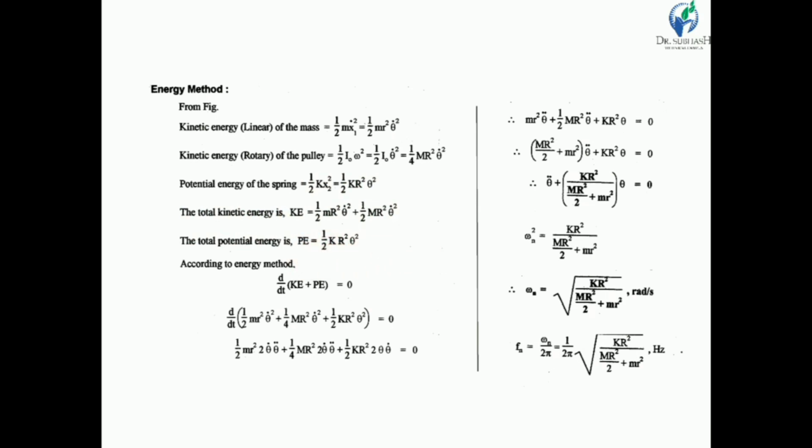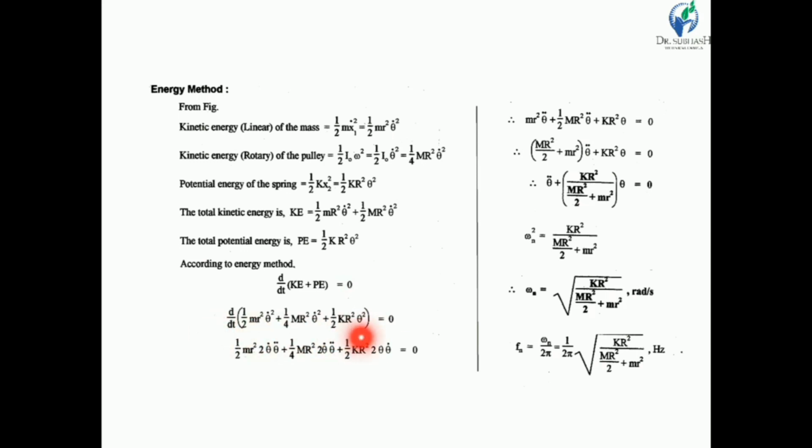So according to the energy method, we know that the total energy is constant. So if we take the derivative of the total energy, then we get 0. So d by dt of bracket kinetic energy plus potential energy is equal to 0. So d by dt of bracket 1/2 small m r square into theta dot square plus 1/4 capital M capital R square into theta dot square plus 1/2 capital K capital R square into theta square bracket is equal to 0.